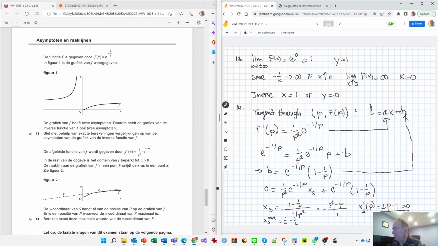It didn't impact the calculation of finding out when this is 0. It's still at p equals 1/2. But then this becomes minus, sorry for the mess and lack of space, but this is what it is. It's then 1/4.